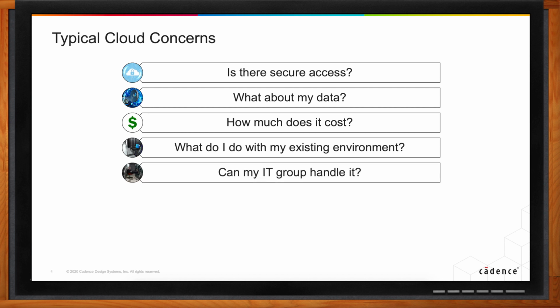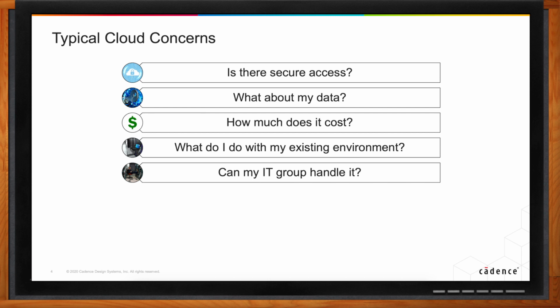A practical consideration emerges when they think about how to deploy it. Many companies have very experienced IT groups that are building and managing their on-prem server farms, but that doesn't necessarily translate to the same skill set that's needed to handle the cloud. So a company has to thoughtfully think about whether the IT group can handle it.